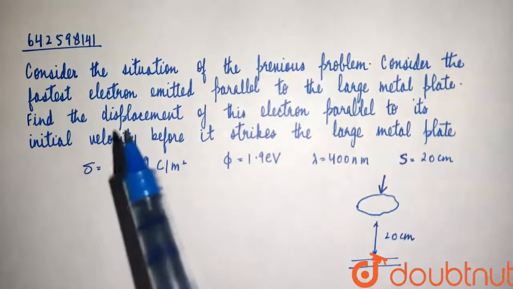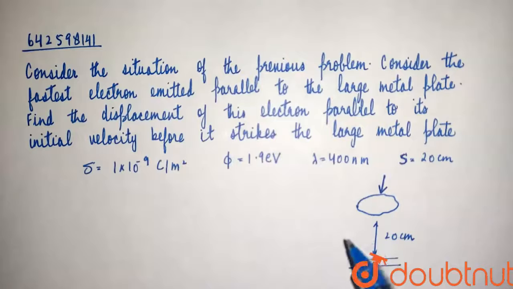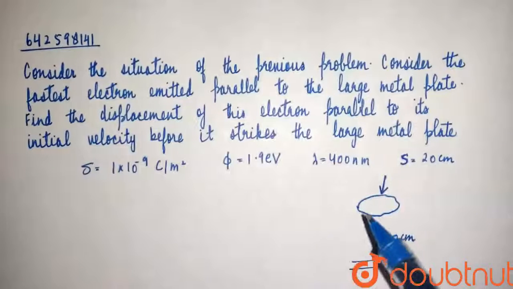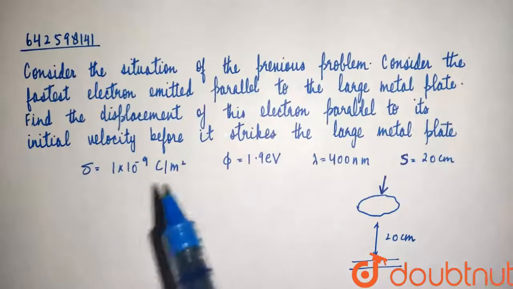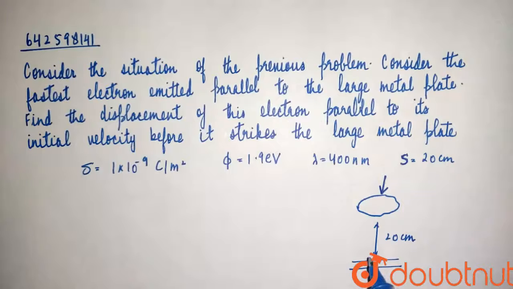So we need to find the displacement of the electrons that are being emitted parallel to its initial velocity before it strikes the large metal plate. So we need to find that displacement that this photoelectron covers before it strikes the metal surface.